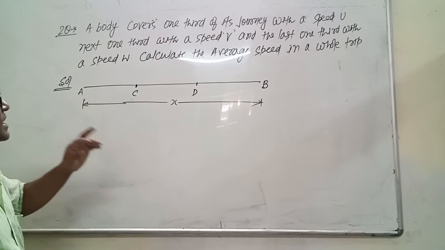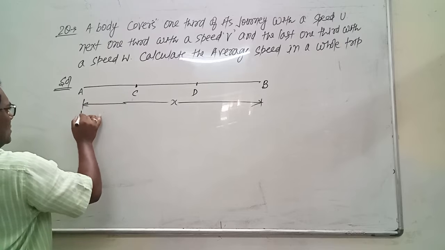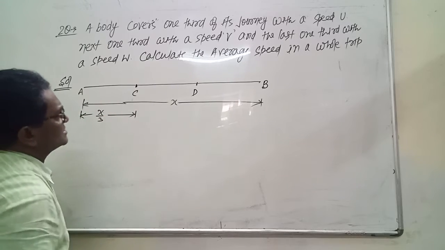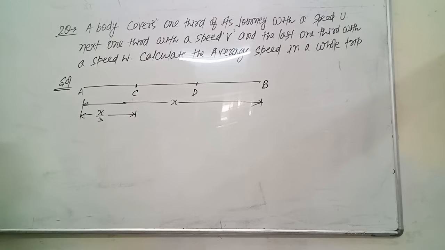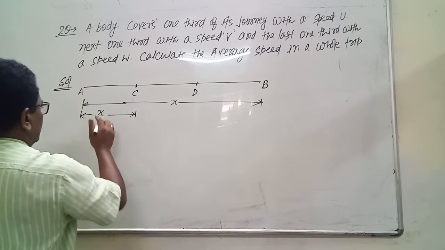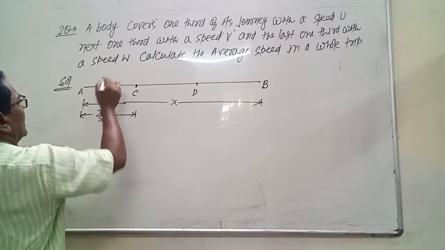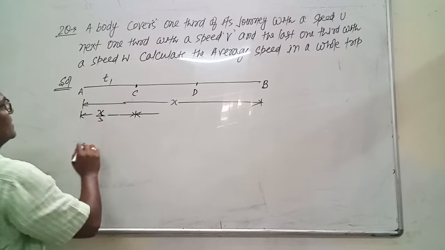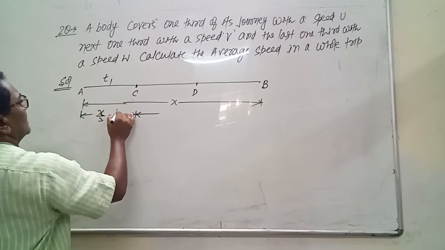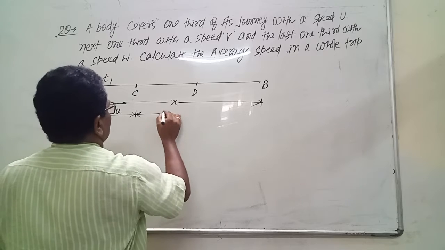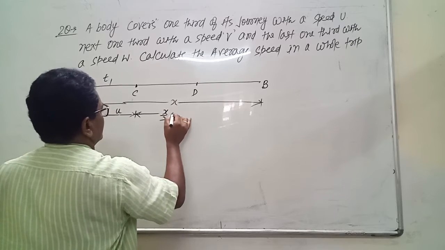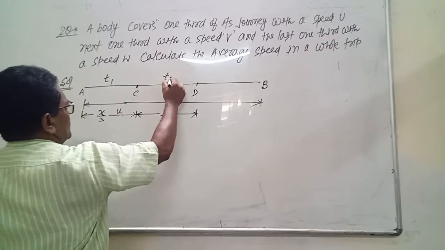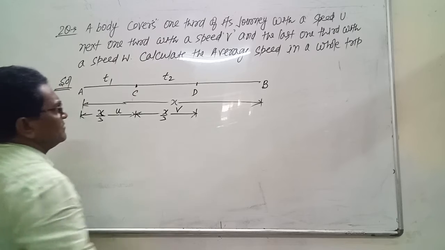A body covers 1/3 of its journey, which means x by 3 distance. X by 3 meter distance is covered in time t1 with the speed u. Next, the next x by 3 distance is covered in time t2 with the speed v.